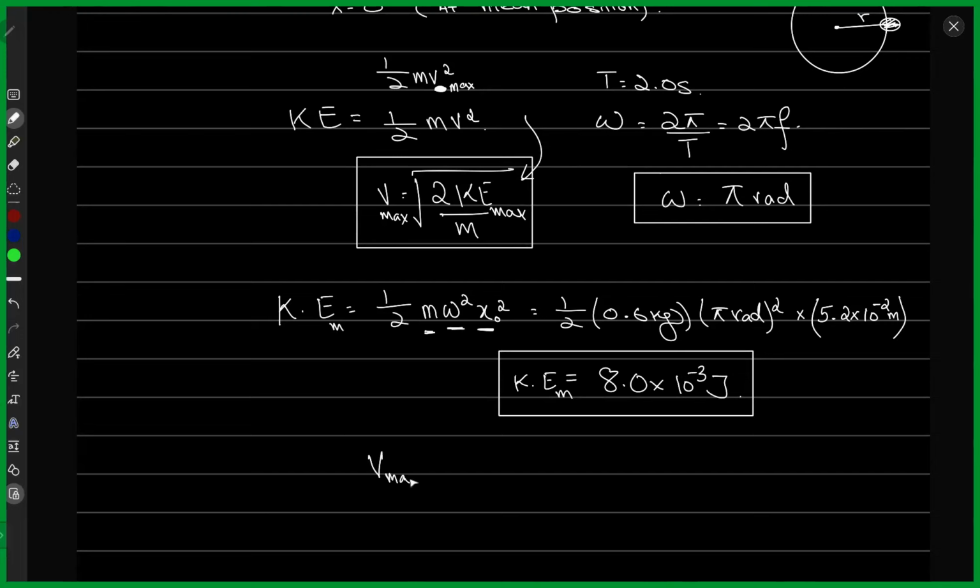So the maximum velocity is just the square root of 2 times this kinetic energy, divided by the mass, which was 600 grams, so 0.6 kilograms. And then you just do the math, and this gives you 0.16 meters per second.